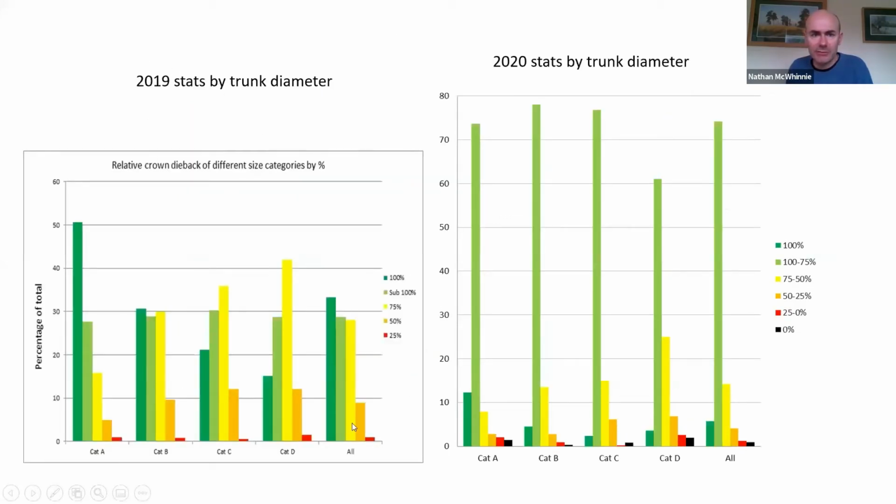This is a comparison between 2019 and 2020. Unfortunately, we used slightly different categories because at that point we were thinking of getting volunteers in to assess the trees.